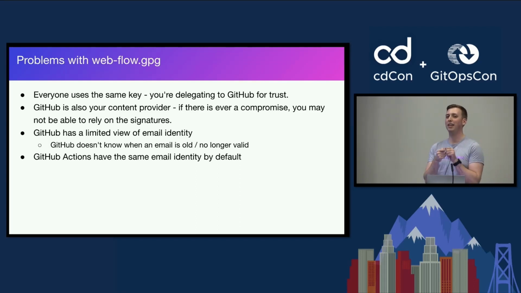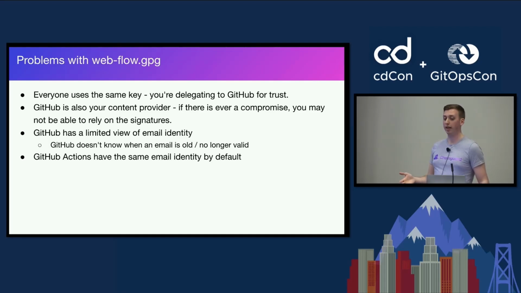Using the Webflow key breaks down that barrier a little bit because now we're trusting GitHub for both serving the content but also providing that key. And if you want to take that as part of your trust model and say, hey, we trust GitHub, maybe that's fine. But it does open yourself to a bit more risk if there was ever a problem where we can no longer trust GitHub.